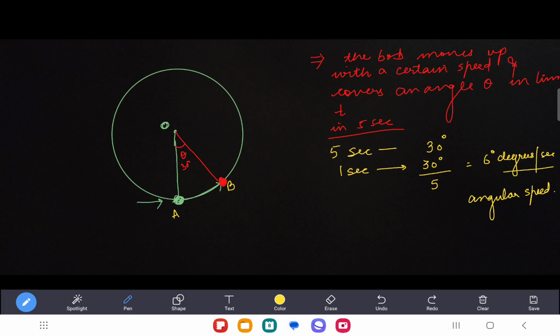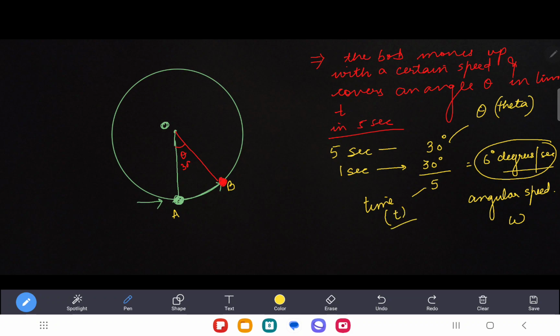Okay. Now understand. This continues. If I know the angular speed, can you tell me how much angle it would be traveling? This angular speed I denote with omega, the angle traveled I denote with theta, and the time I denote with t.